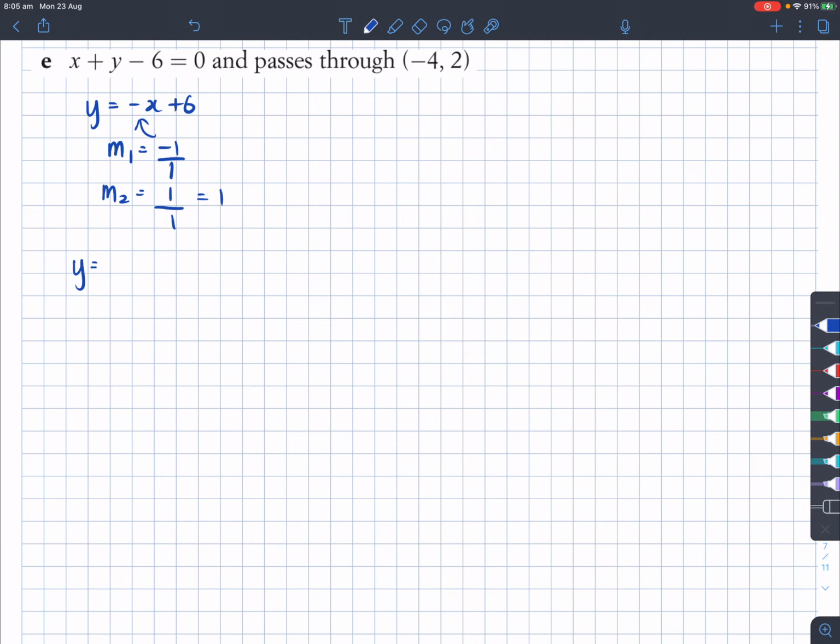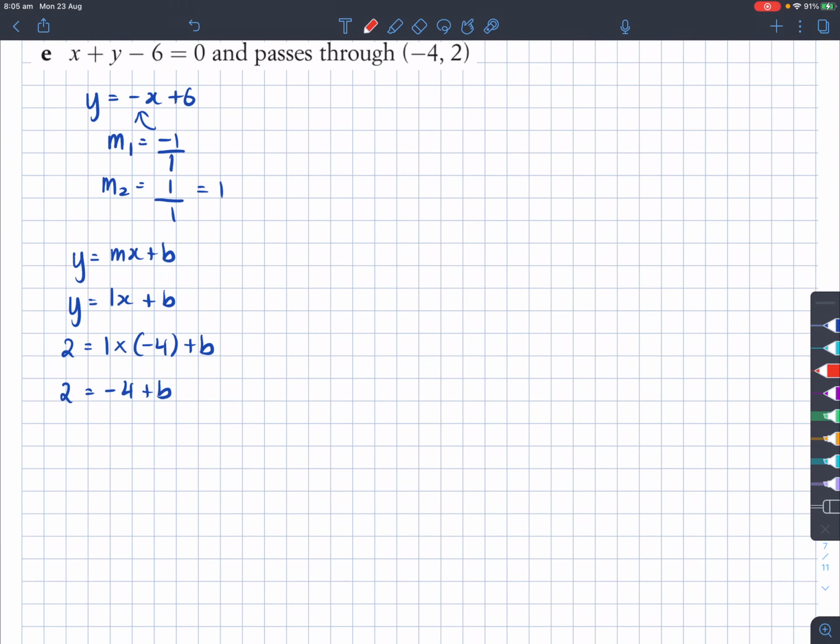So now we're ready to find out our perpendicular line by writing y equals mx plus b and substituting in an m value of 1. So y equals 1x plus b, or y equals x plus b. In this case, y is 2, and x is negative 4. So we're going to substitute those values in. So 2 equals negative 4 plus b.